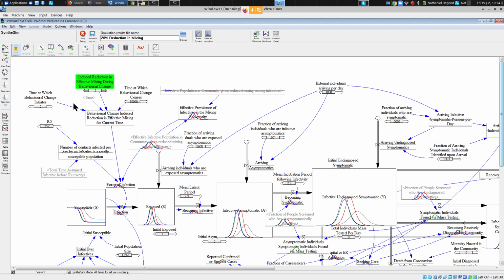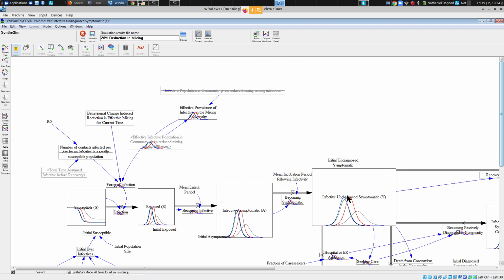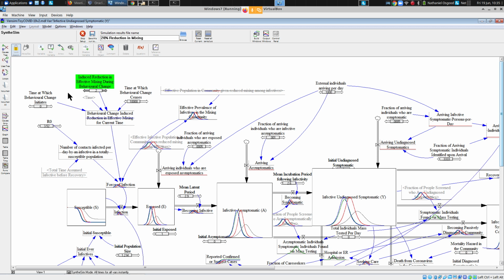Now, what you'll see appear is the results of this new scenario. So I've reduced mixing of individuals in the population by 20% here. Drawing on what we've been doing, I've double-clicked on this infective individual symptomatic.